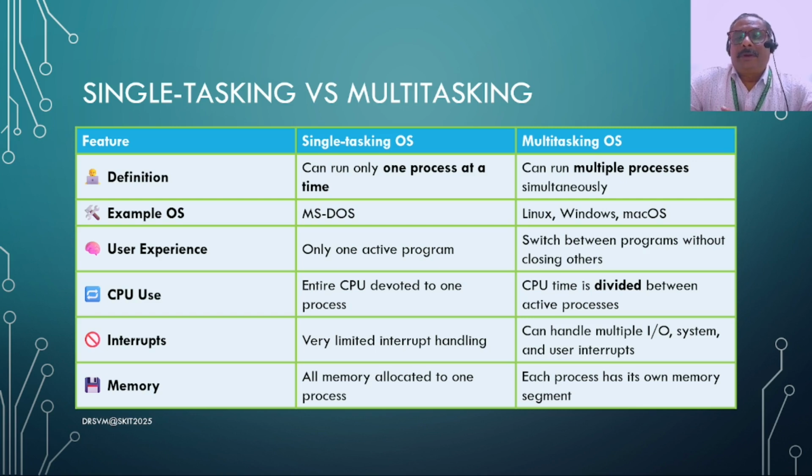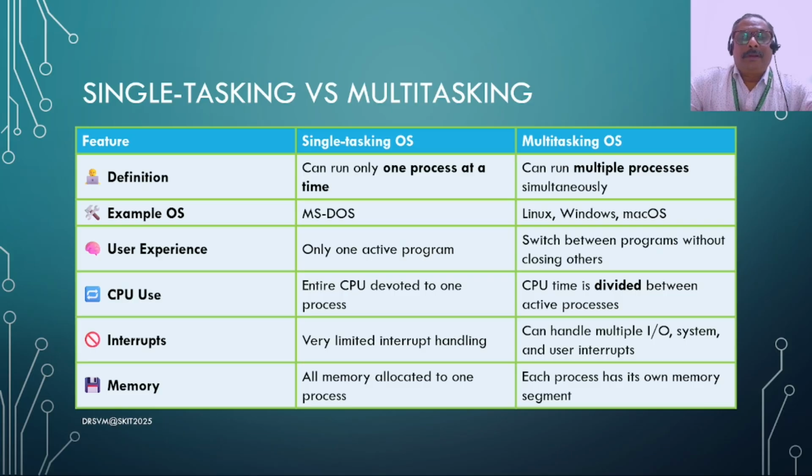And then we have interrupts. The interrupts were very limited in the case of a single tasking operating system, but when it comes to multitasking, we must handle multiple IOs, and multiple system and user interrupts were supposed to be handled. So we need a little more complicated operating system for doing so.